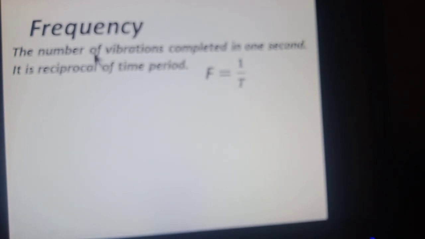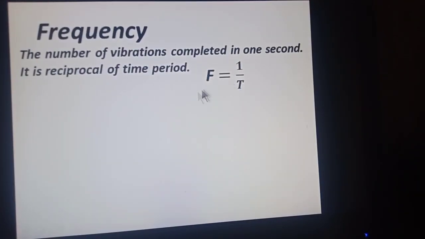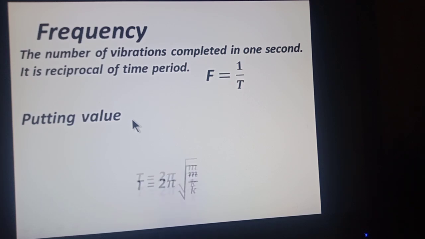Next is frequency. You know, the number of vibrations completed in 1 second is called frequency. And frequency is the reciprocal of time period. Mathematically, frequency f equals 1 over T. Putting the value of T here in this expression, T equals 2 pi under root m by k.